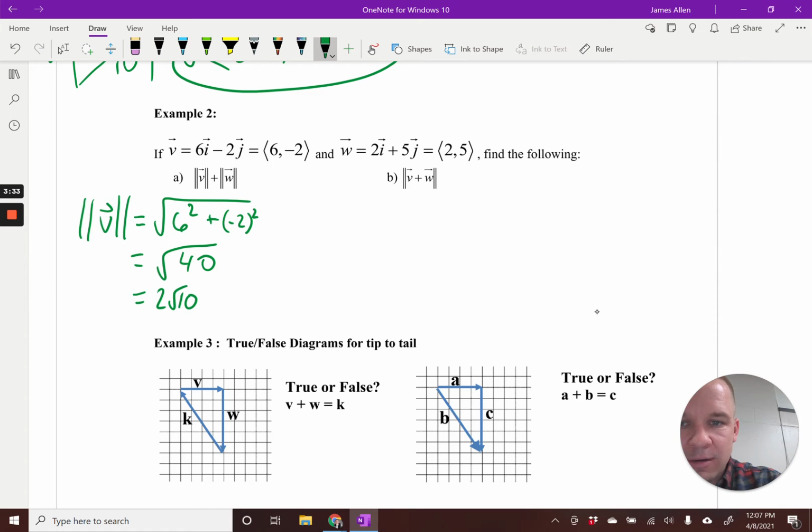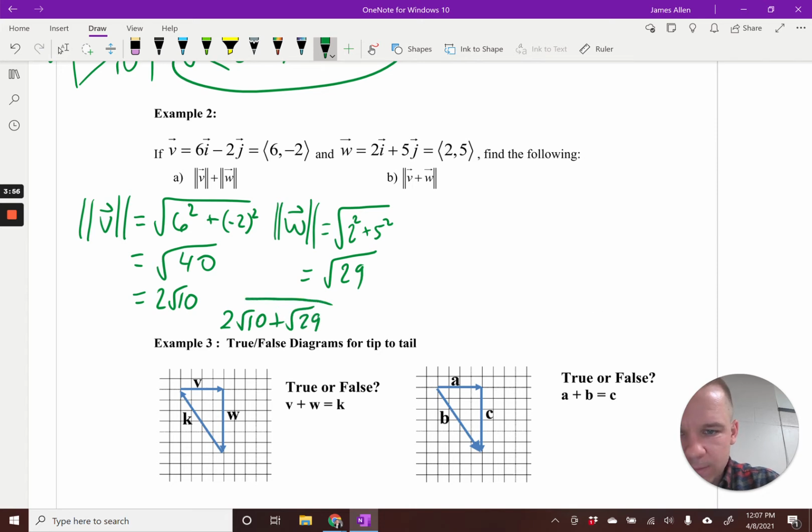Now the magnitude of w, I got, let's see here, 2 squared plus 5 squared. And so that would be 4 plus 25, that's 29. And that'd be that. So the sum of those two is just 2 root 10 plus the square root of 29.